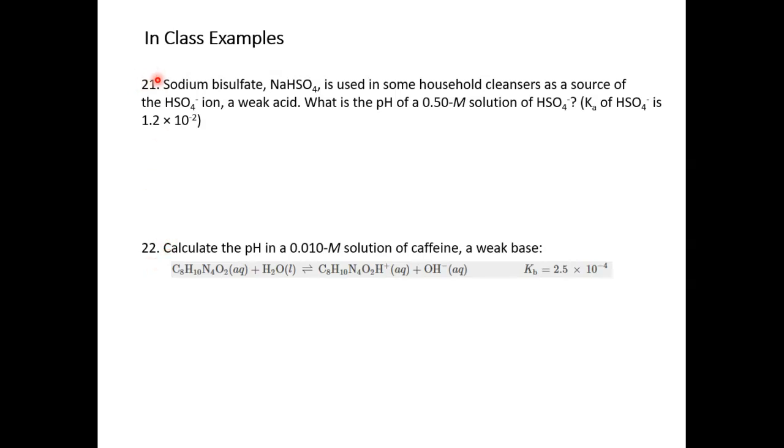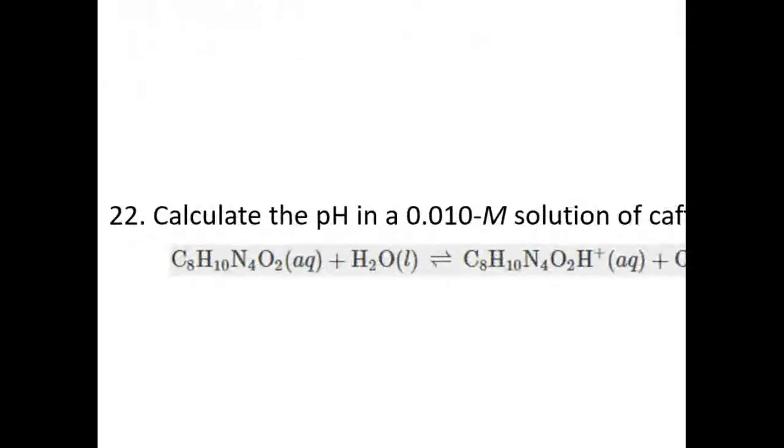Okay, so again, this is where I had quit trying to fix the numbers. So this says 21, it's not 21, it's 26. This is 22, it's not 22, it's 27. This is the one we're doing right now. Do you guys recall me telling you that for these weak bases, we're going to see compounds like this, like caffeine, that we haven't been seeing?